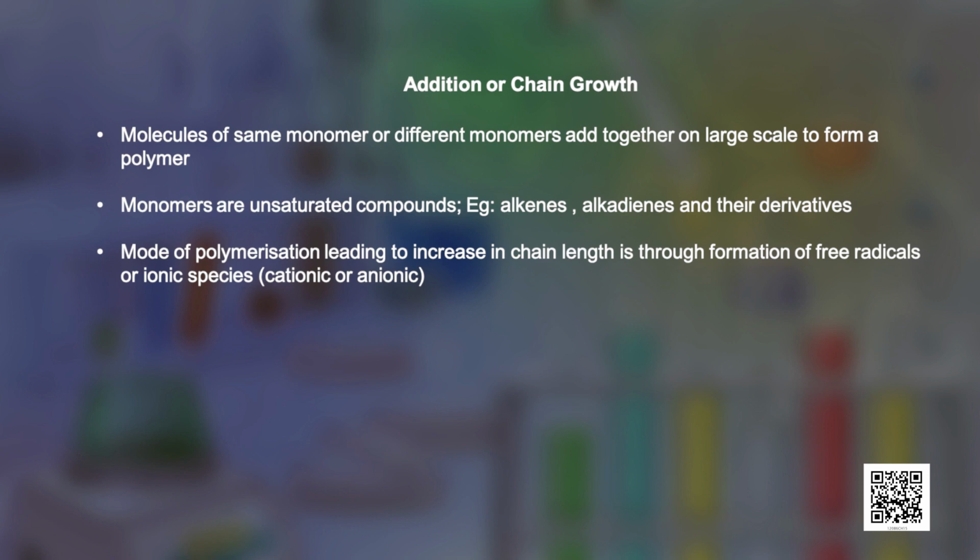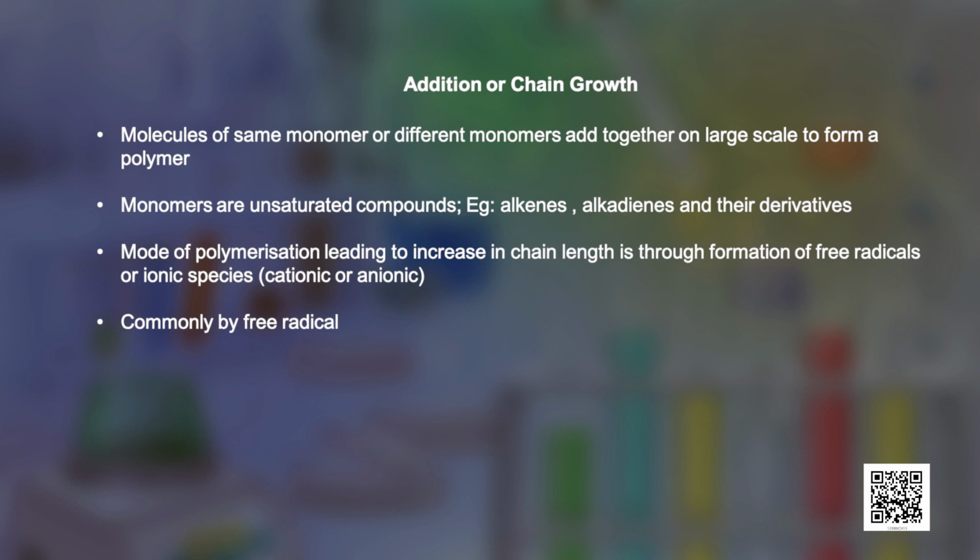This mode of polymerization, leading to an increase in chain length or chain growth, can take place through the formation of either free radicals or ionic species. The ionic species can be cationic or anionic in nature. However, the free radical governed addition or chain growth polymerization is the most common mode.